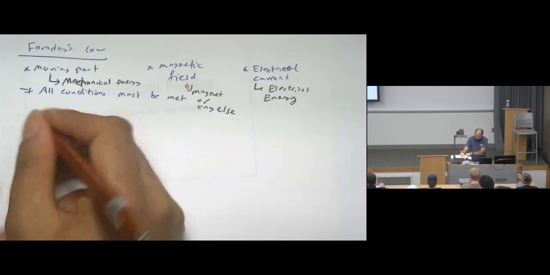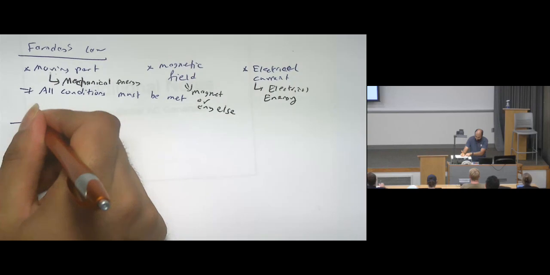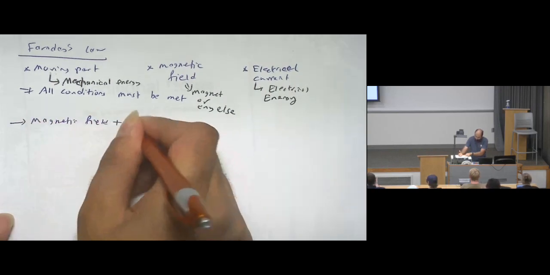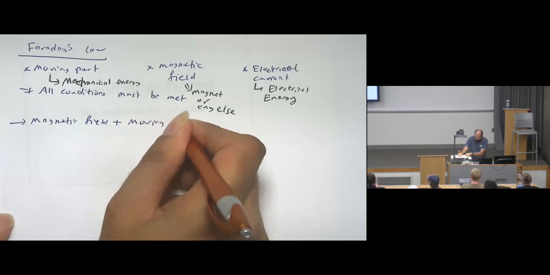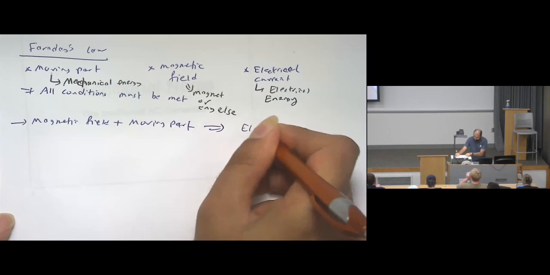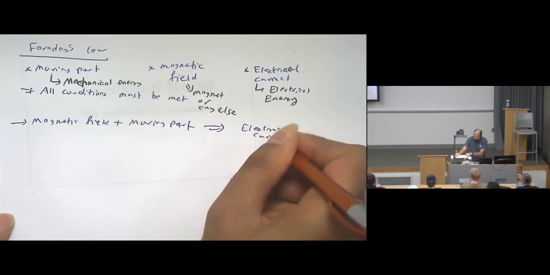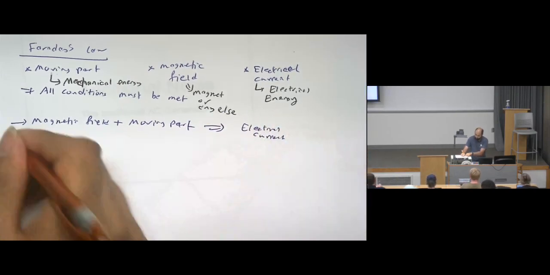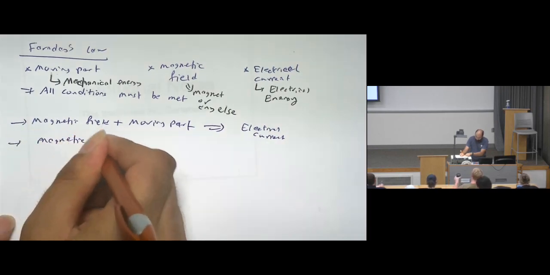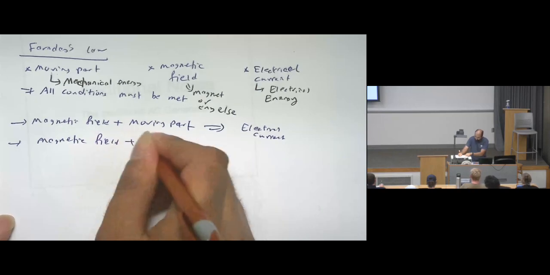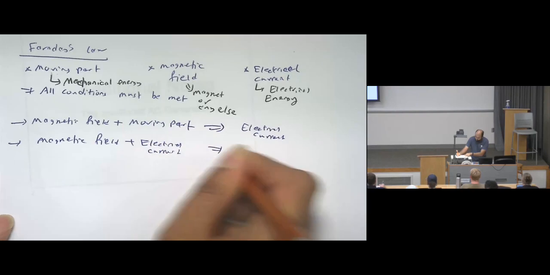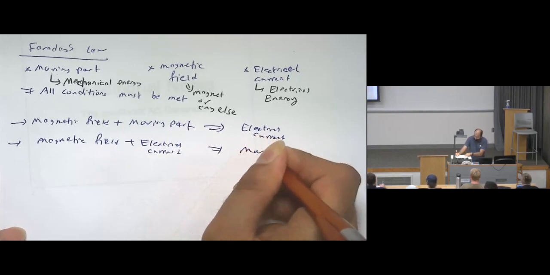So based on that, whenever we have a magnetic field plus moving parts, this must produce electrical currents. Whenever I have a magnetic field plus electrical currents, this must produce moving parts.